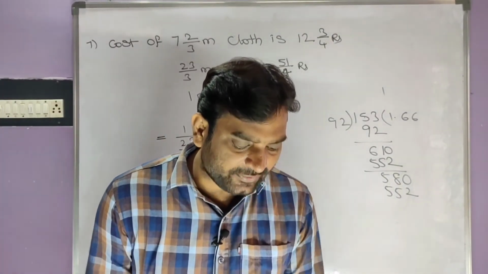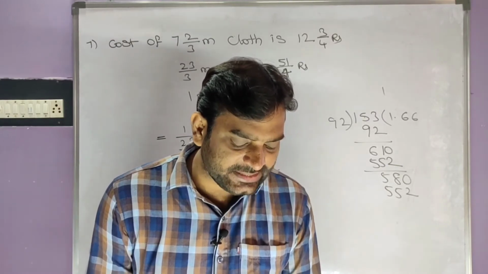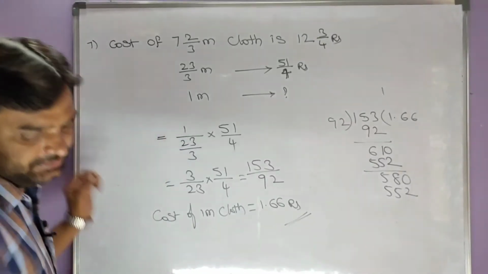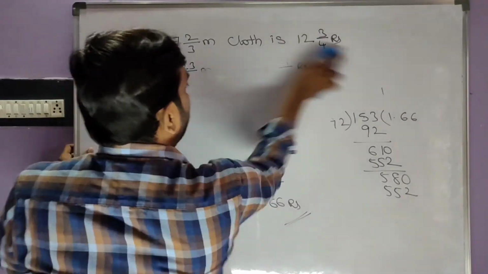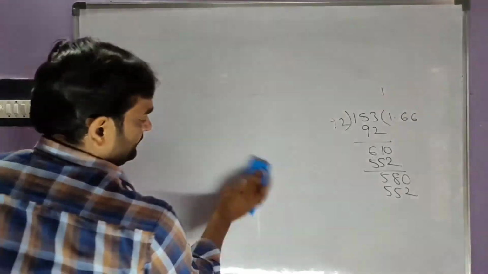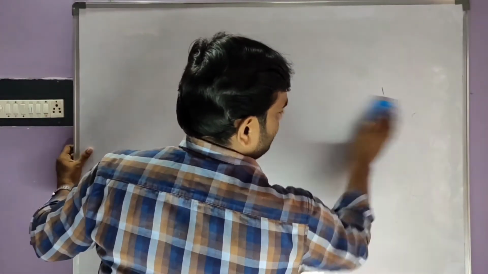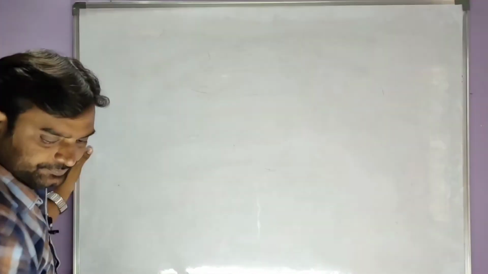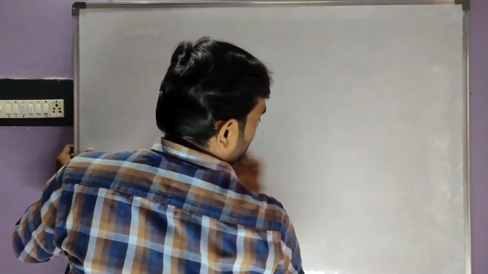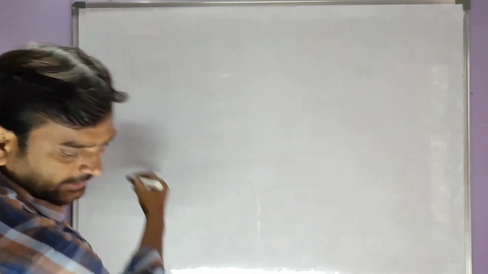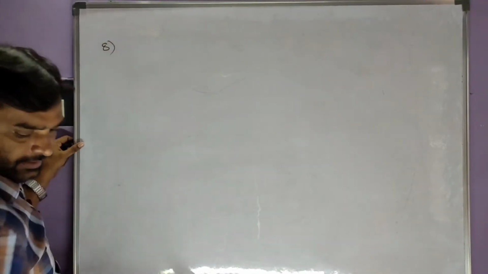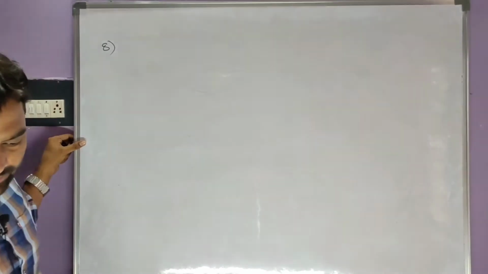Find the area of rectangle park which is 18 3 by 5 meter long and 8 2 by 3 meter broad. Find the area of rectangle. Eighth problem. Given length and breadth.